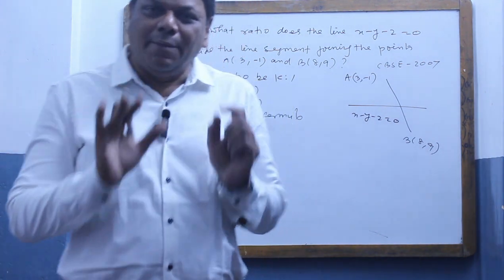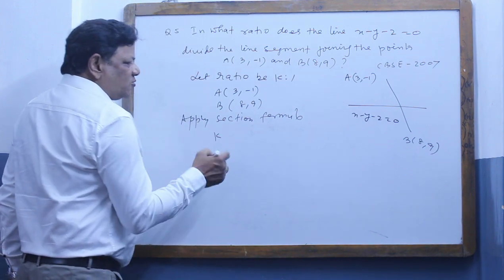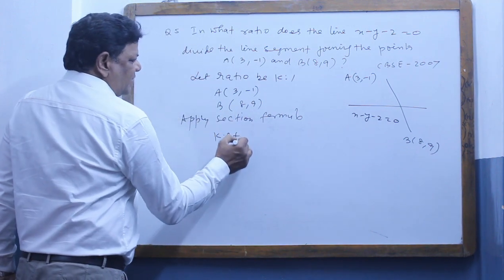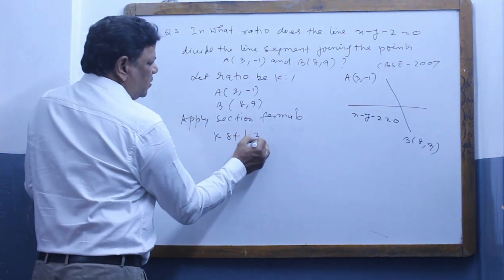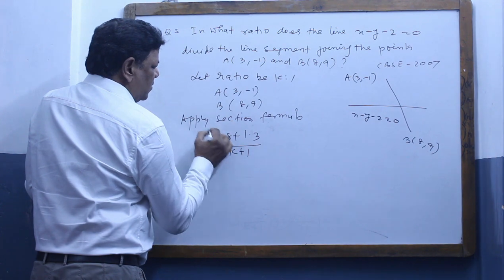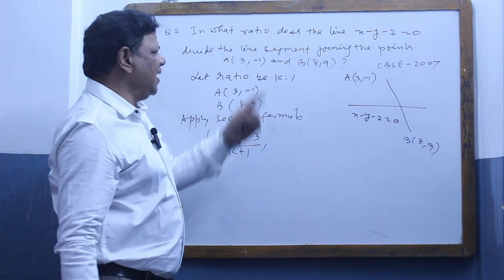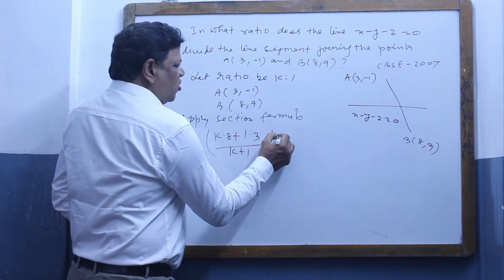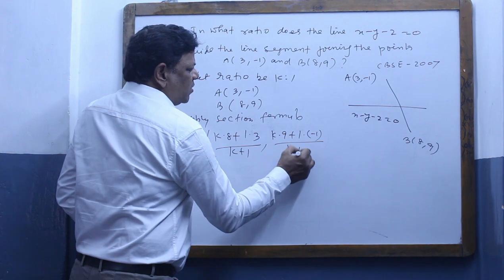Now what is the formula? Remember all of you: m x2 plus n x1 by m plus n. Here m is k, so k into 8 plus n is 1, x1 means 3, by k plus 1, comma, the second one: m y2, m is k, so k into 9 plus 1 into minus 1, by k plus 1.